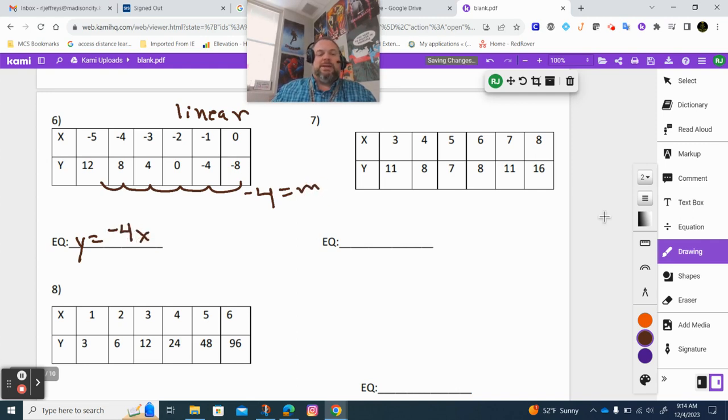Our b is when x is 0, so our b would be negative 8. Yes, our b is when the x is 0. We use the y value.